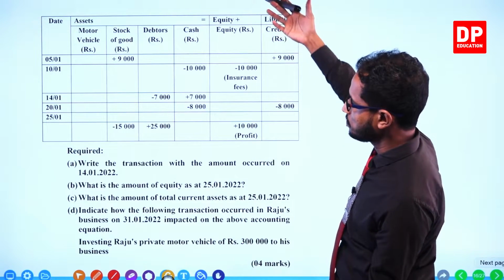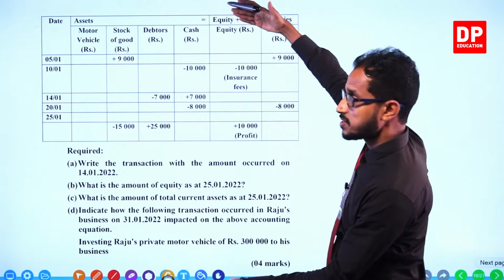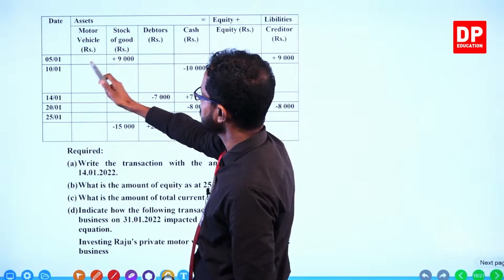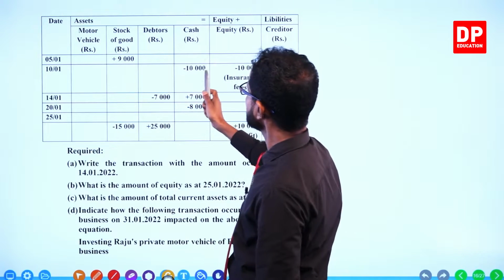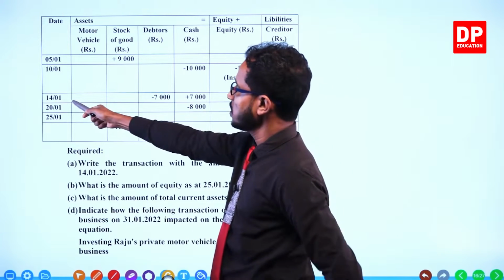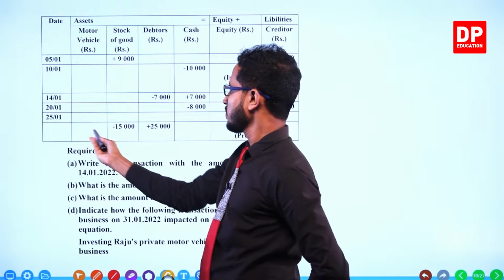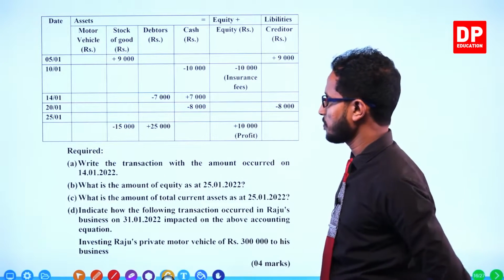Here we go. We have this table, the effects of transactions on the equation. 5th January, we have this. 10th January, we have this. 14th, 20th, and 25th. Okay.